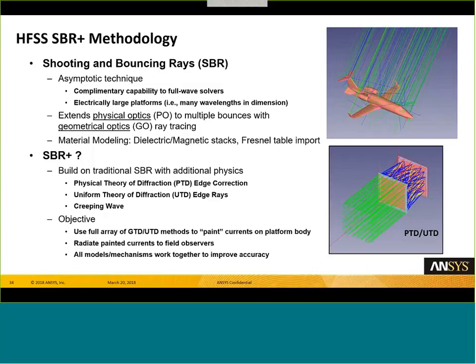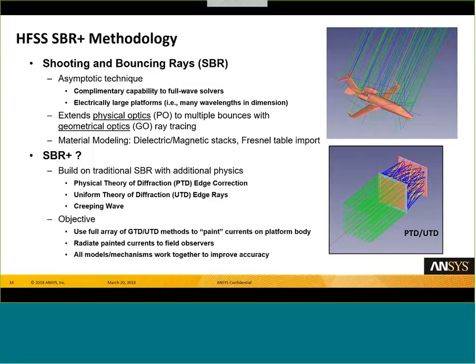So we allow for physical theory of diffraction edge corrections. We also allow for uniform theory of diffraction edge rays, which allows for a different type of diffraction handling, especially in the area where secondary structure in the shadow zone could be important. And we also do creeping wave for certain problems.